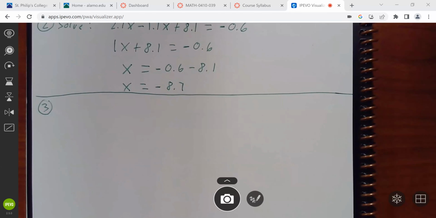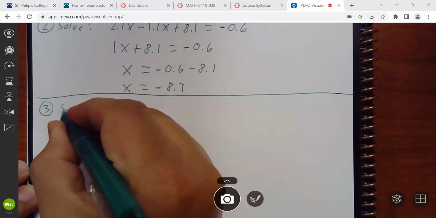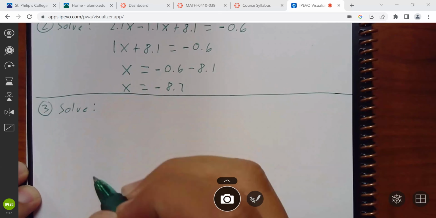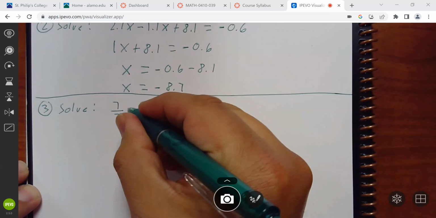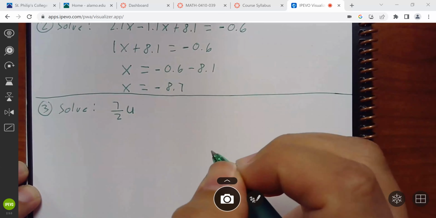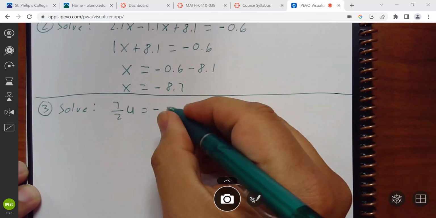All right, 3. Still solving equations. 7/2 u equals negative 6.